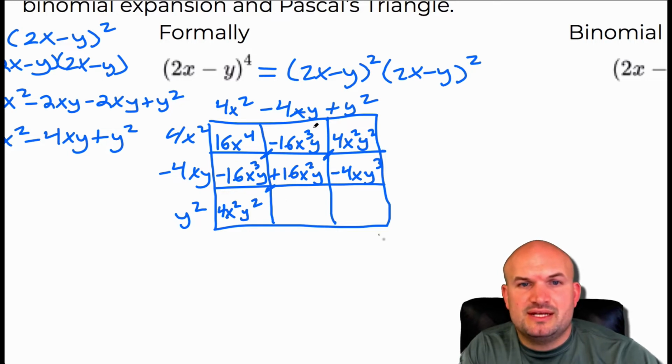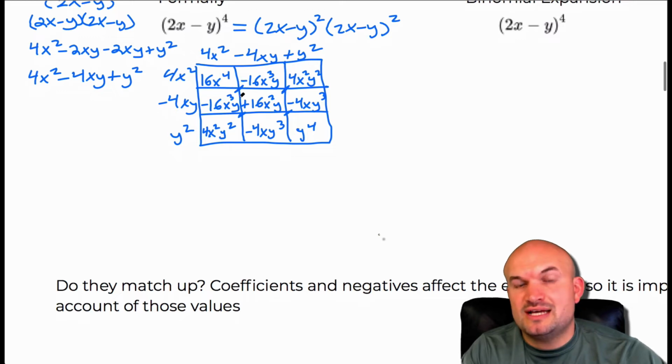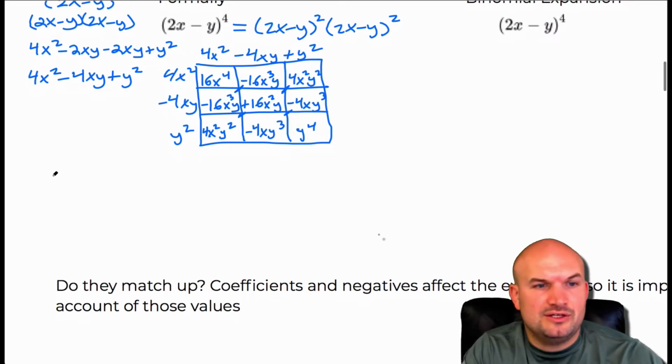Here, y squared times negative 4xy is going to be a negative 4xy cubed. And then we have y squared times y squared, which is y to the fourth. Again, make sure our terms look right. Okay, so our terms are looking pretty good. Now we can write this out and combine our like terms on the diagonal.